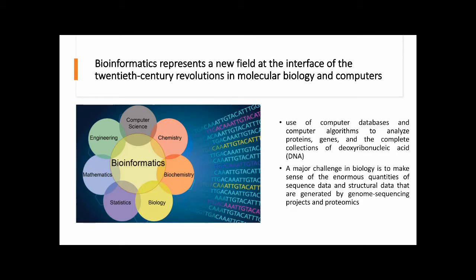So, it is the use of computer databases and computer algorithms to analyze proteins, genes, and the complete collection of deoxyribonucleic acid. We use these computer tools to further study the biological data, which is currently the DNA, the genes, and the proteins.